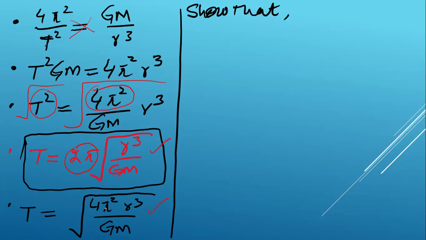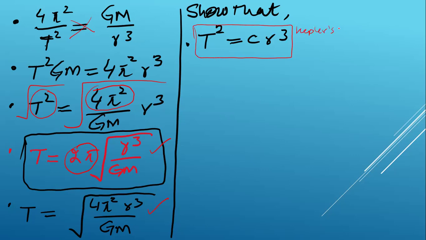Sometimes about the time period, they can ask you to show that T square is equal to C r cube. This is actually Kepler's third law of planetary motion.